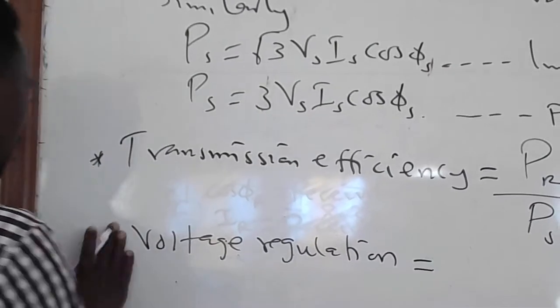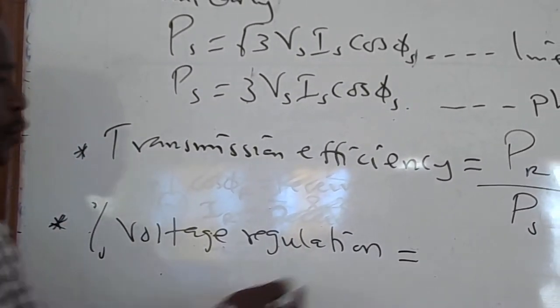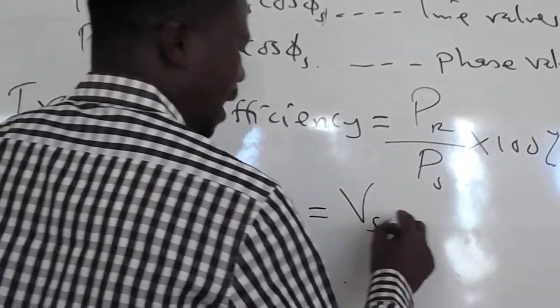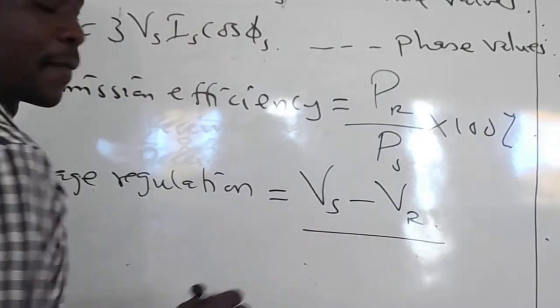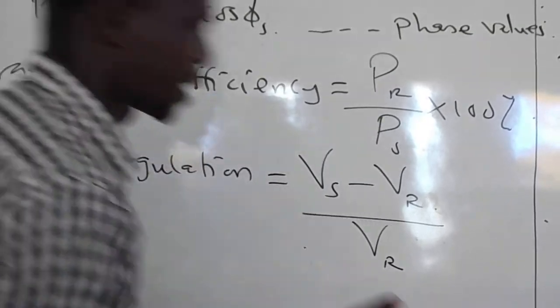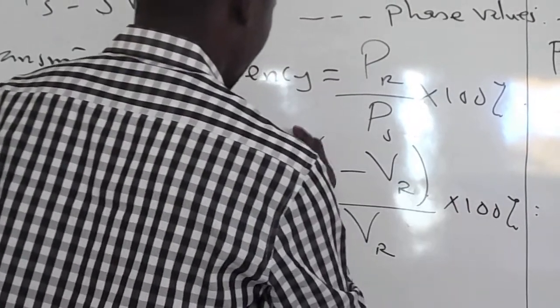So we talk of percentage voltage regulation. That will be equivalent to the sending end voltage minus the receiving end voltage all over the receiving end voltage, times 100%.